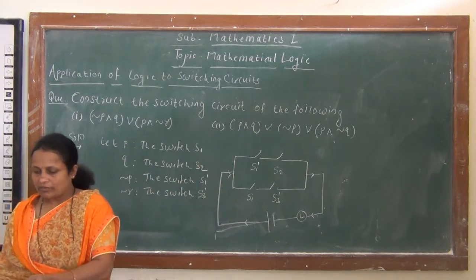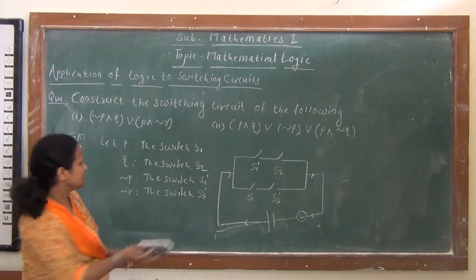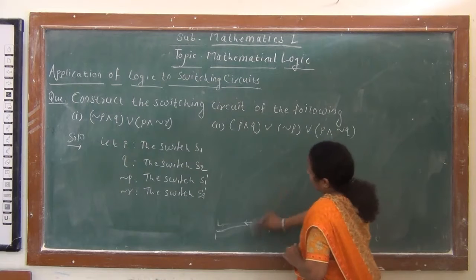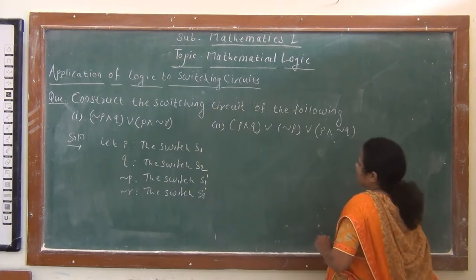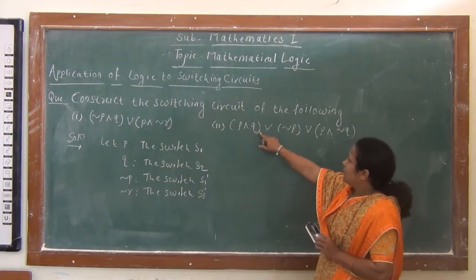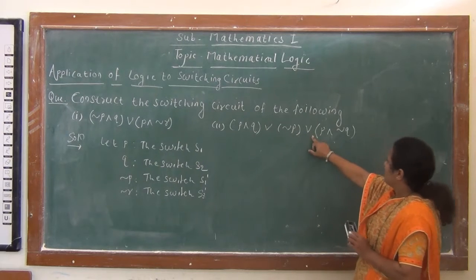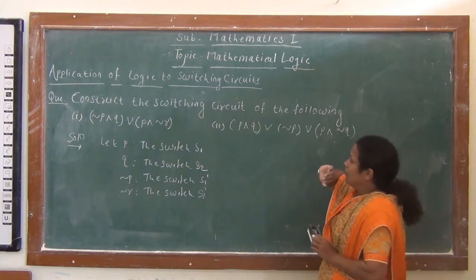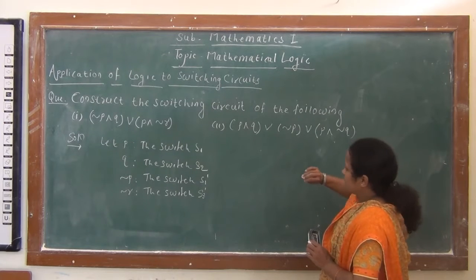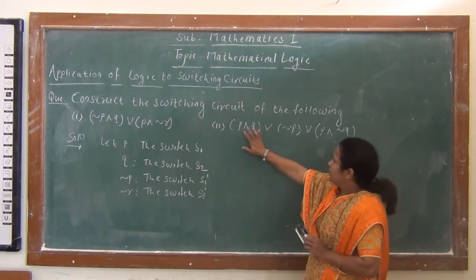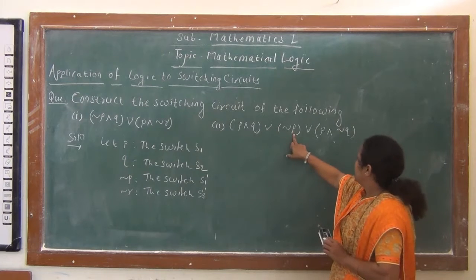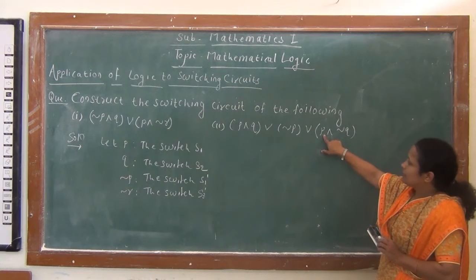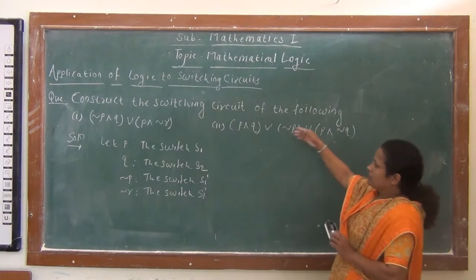Now we draw our second statement pattern as a switching circuit. Here the statement pattern is P and Q, or negation P, or P and negation Q. If we find the distinct statement letters, they are P, Q, negation P. Again P is repeated, so they are in parallel switches, and there is no need to write this statement 2 times.